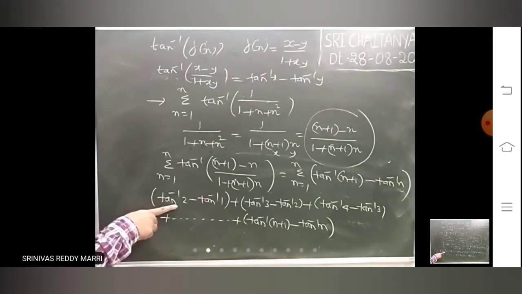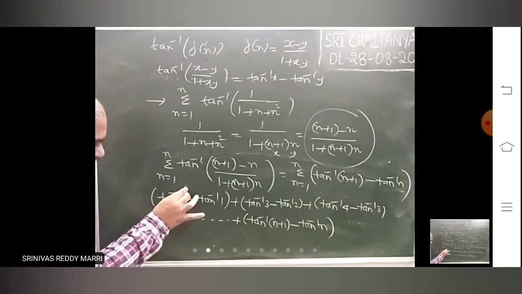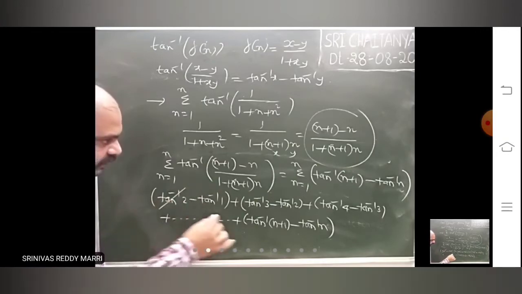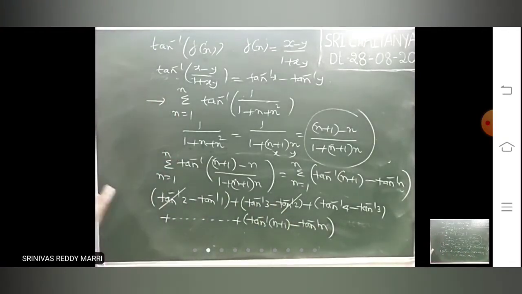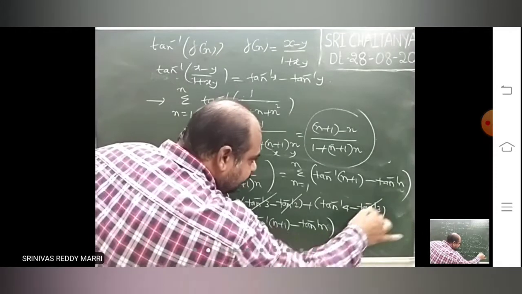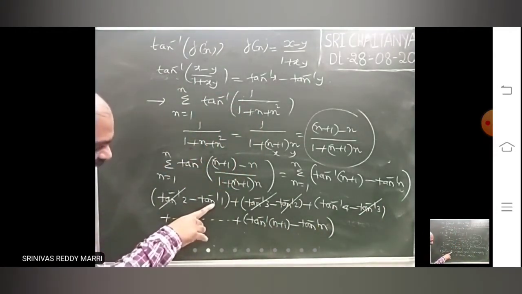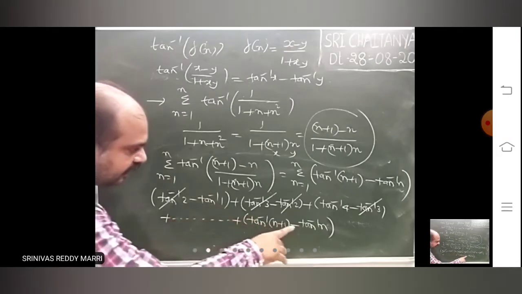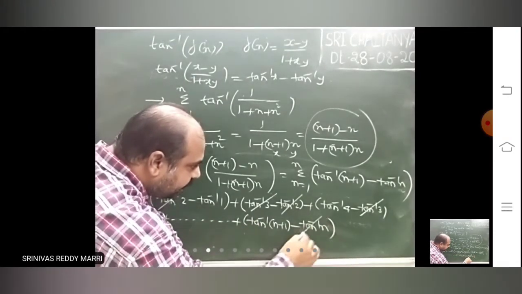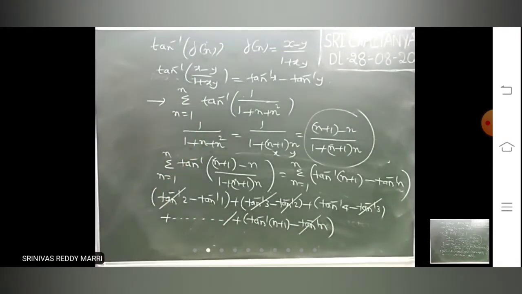So now if you observe this, everything will get cancelled. This term will get cancelled, this term will get cancelled. Only in the first bracket, the second term will be remaining, and the term before it will get cancelled.